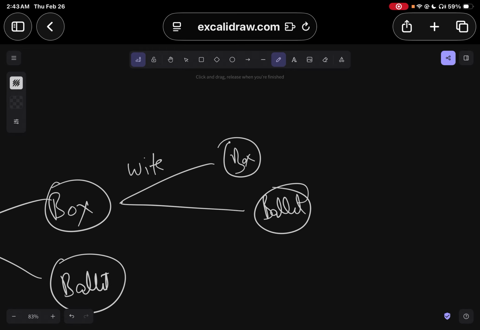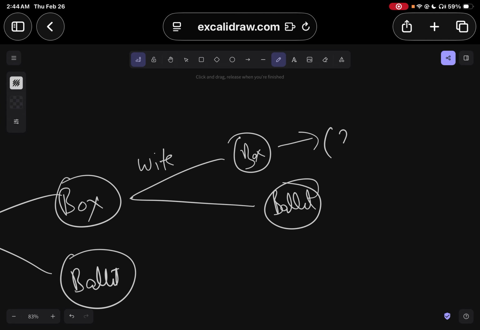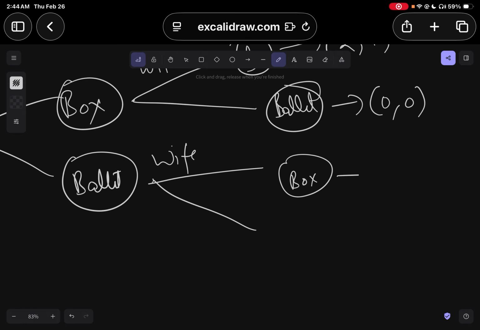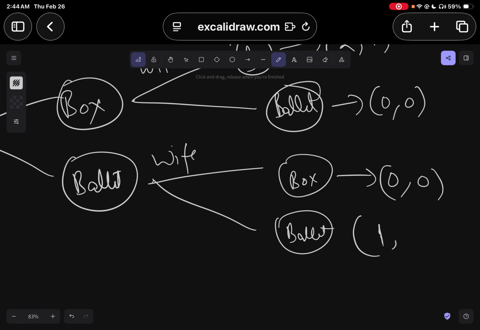Let's say the husband chooses boxing and the wife also chooses boxing, and the payoff is 2-1. If the husband chooses boxing and the wife chooses ballet, then it would be 0-0. If the husband chooses ballet and the wife chooses boxing, then it will be 0-0. And if the husband chooses ballet and the wife also chooses ballet, then it would be 1-2.